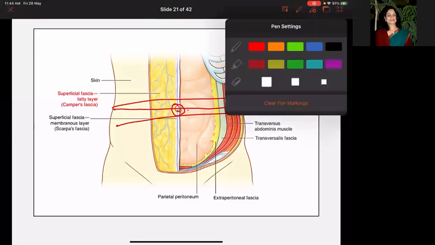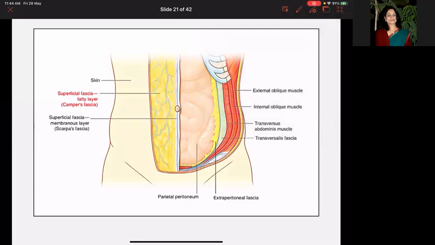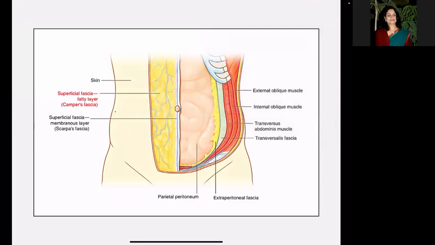The line passing through the umbilicus is acting as a watershed line. What does it mean? It means that the arteries and lymphatics supplying this region do not cross this watershed line passing through the umbilicus.